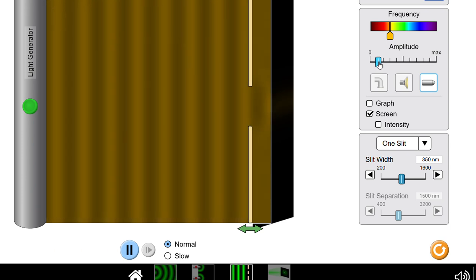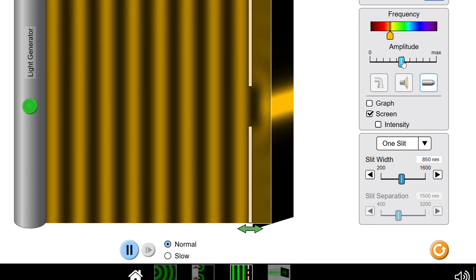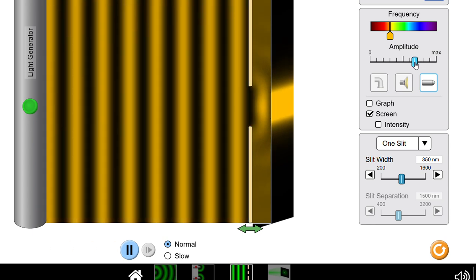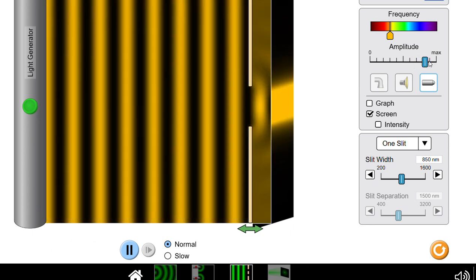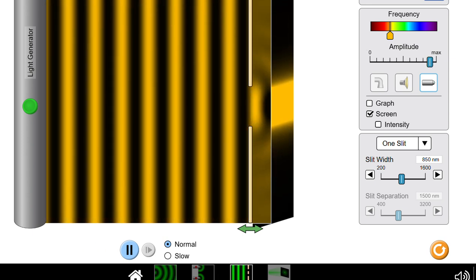Yeah, we need higher intensity to see the light clearly.